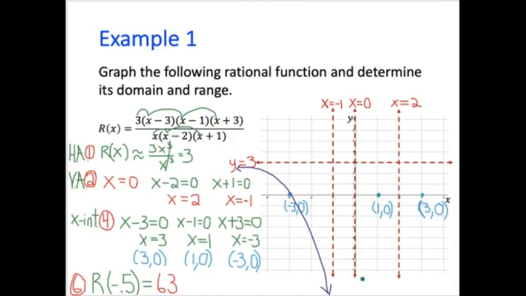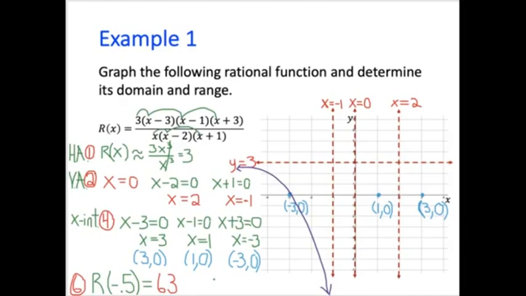What we don't know is if the graph is going to be going down, touching and going down, or if it's going to come from the top and cross through or come from the bottom and cross through. So we need to find test points for that as well. So we're going to find test points in the region between x equals 0 and x equals 1, and the region between x equals 1 and x equals 2. So 2 different test points.